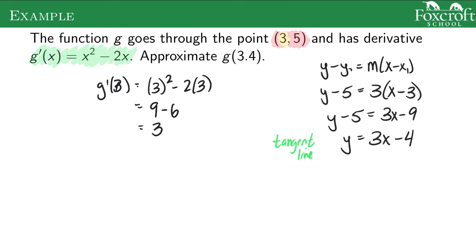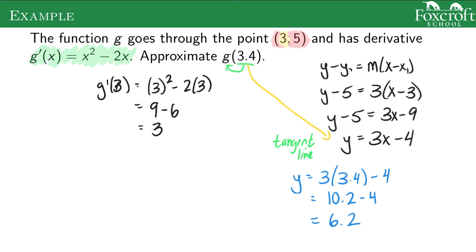So we could plug in 3.4. Plugging in 3.4 into my original function will be similar to plugging in 3.4 into my tangent line. So now I'm going to plug 3.4 into my tangent line. 3 times 3.4 is 10.2, and I get 6.2. So my approximation of my function is 6.2.